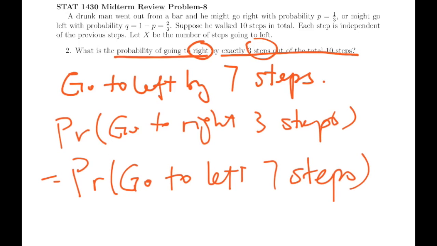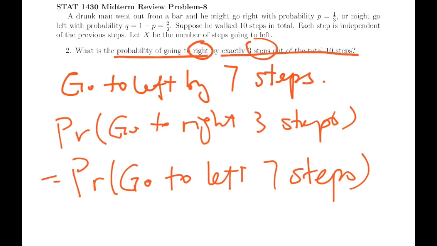This means we're looking for the probability of X equal to 7, because X represents the steps going to the left. Then if we plug in the formula for the binomial distribution, we have firstly a binomial coefficient, 10 choose 7, because we have 10 observations total and 7 successes.